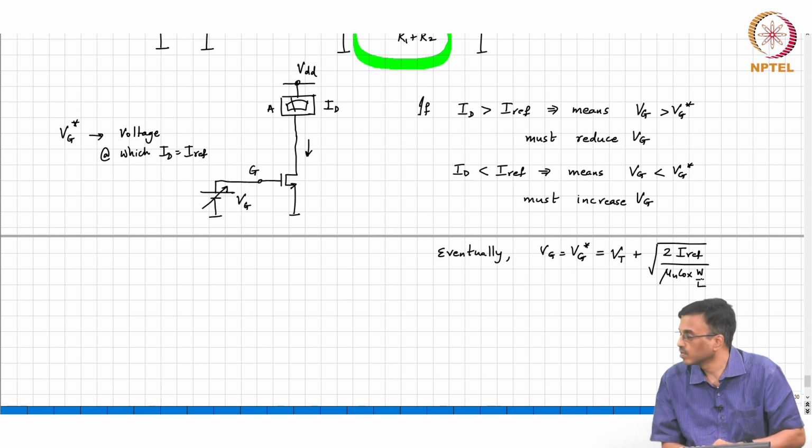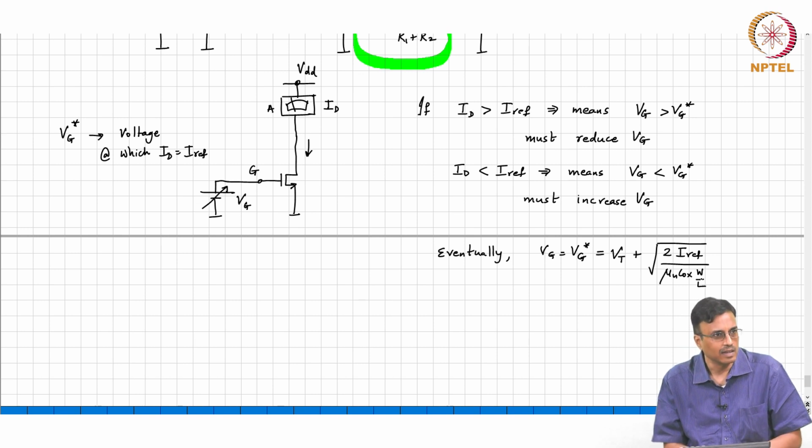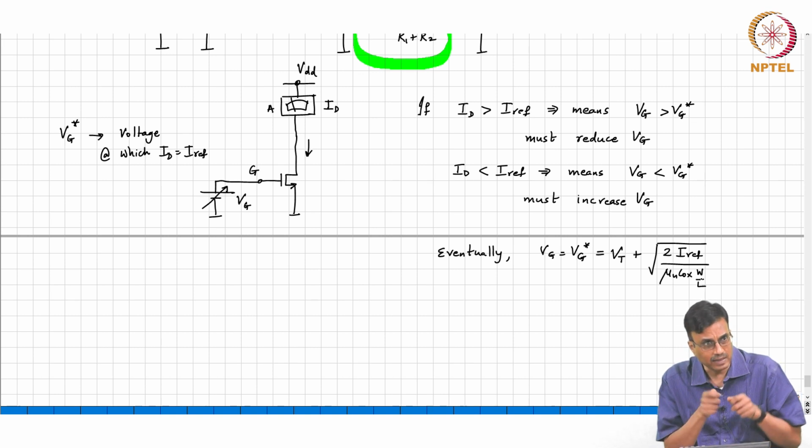What we have on the board is basically feedback, where we compare what we have with what we want and kick the system, in this case the MOSFET, in the right direction, so that what you want is the same as what you have. The approach where you find mu n Cox W by L and Vt using measurements or the data sheet, and then do the math and put that voltage between the gate and the source, is not feedback.